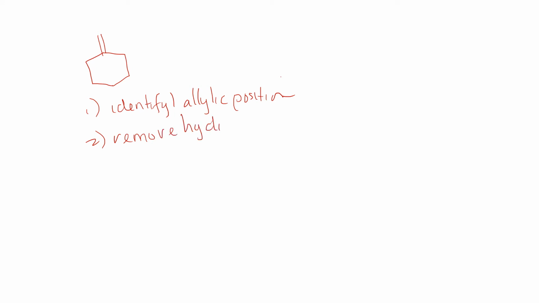So the first thing you do is identify the allylic position. Second, remove the hydrogen. And then third, draw resonance structure.